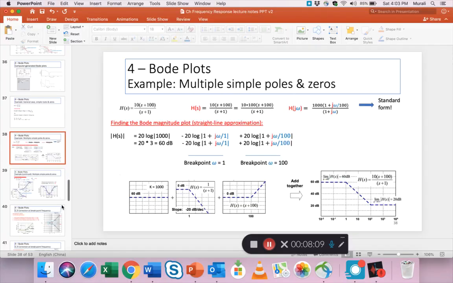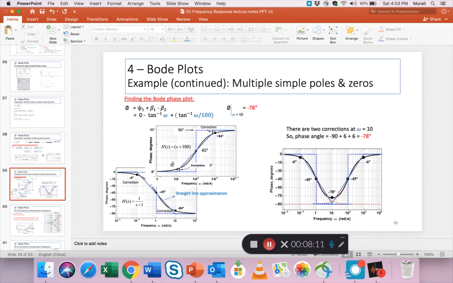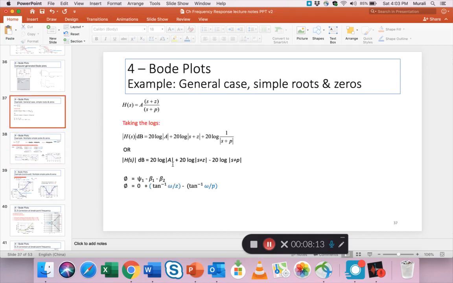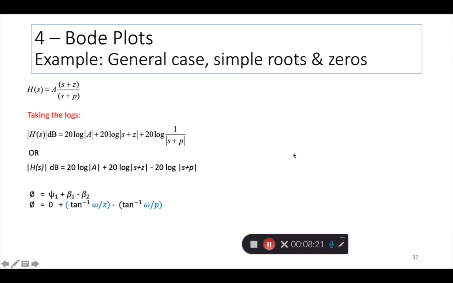I'll fix that. Okay, I think that should be a plus, and now we are good. So that's the formula for the phase angle, and each of the individual angles are tan inverse of something. And of course, for a constant, there is no phase angle, so that's a 0.